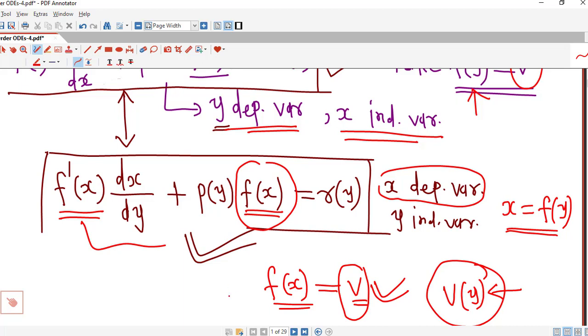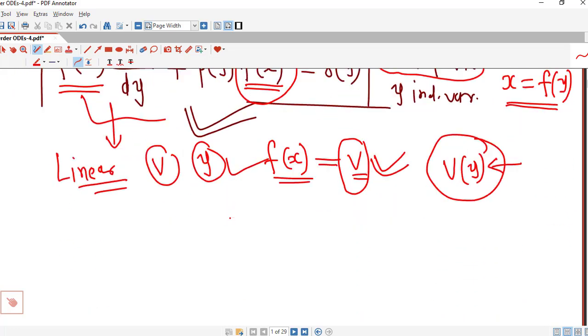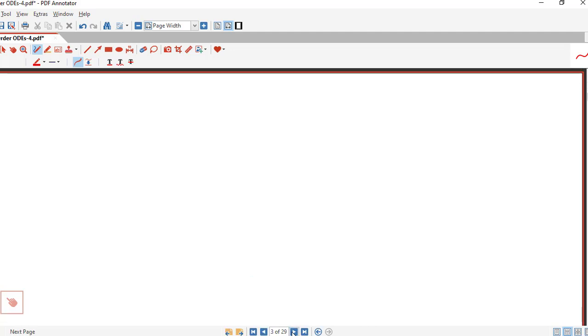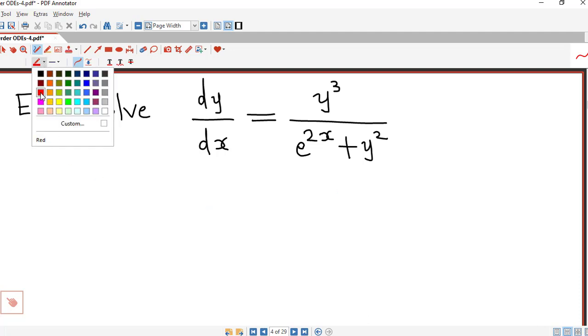After this substitution, this equation will be converted into a linear differential equation in which v is the dependent variable and y is the independent variable. With this in mind, we consider one example to understand how this type of differential equation can be converted into a linear differential equation.